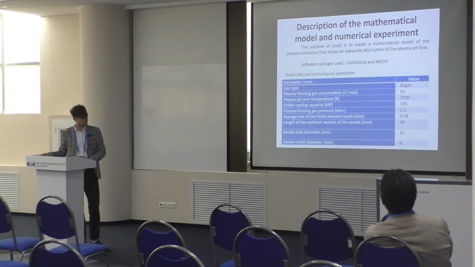To solve the problem, two software packages were used, which made it possible to evaluate the accuracy of the solution. The initial data used in computer modeling are presented on the slide and correspond to the laboratory plasma installation.